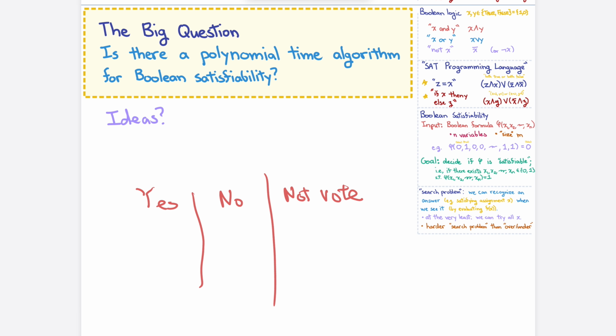Okay, so the question is, do you think there's a polynomial time algorithm for this question of SAT? And you're allowed to not vote or vote yes or vote no. So first, who's not voting? 1, 2, this number goes up over the course of the semester. We're up to 5. Okay, who thinks that we can come up with an algorithm?